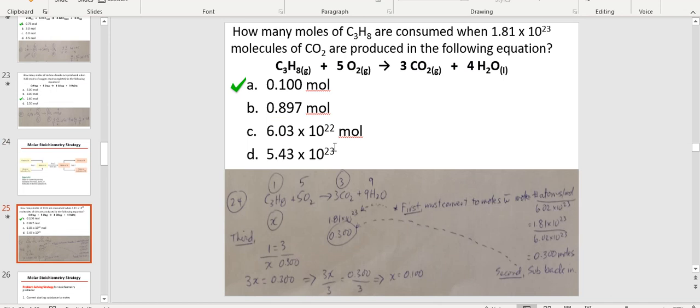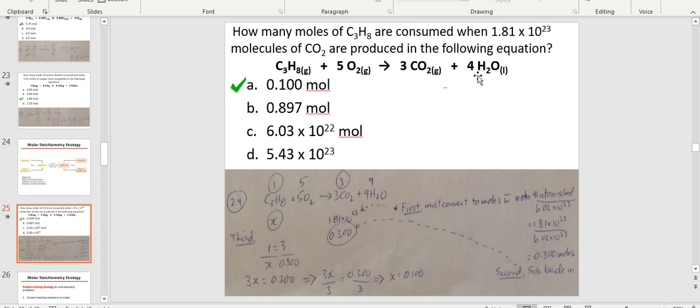How many moles of propane are consumed when 1.81 times 10 to the 23 molecules of CO2 are produced in the following equation? You're thinking, okay, what? So here is your balanced chemical formula. All right. Propane plus 5 oxygen, 3 carbon dioxide, and 4 moles of hydrogen.